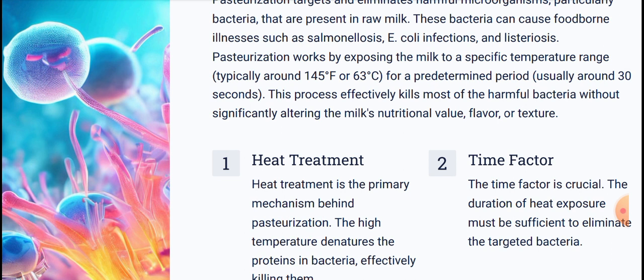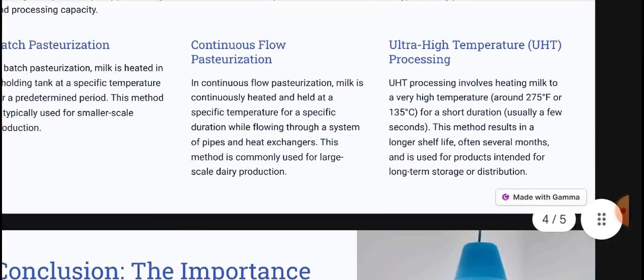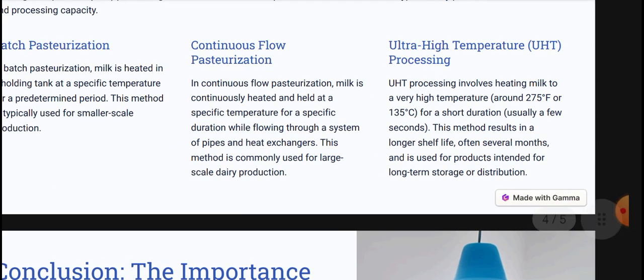So in the ultra high temperature technique, right, the temperature goes up to 135 degrees centigrade for a shorter span of time, usually a few seconds. This will reduce the microbial flora of the milk, as well as help us to retain the shelf life period of milk and milk products, right?